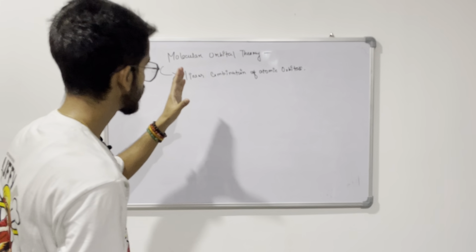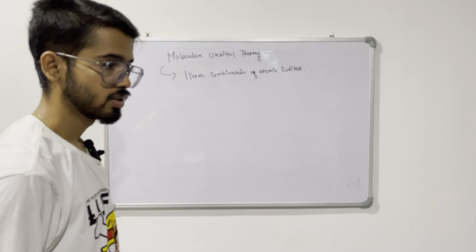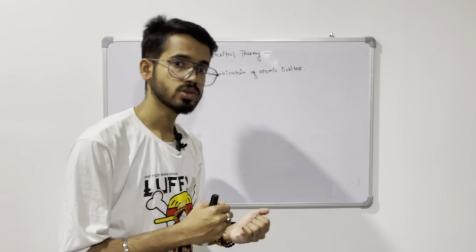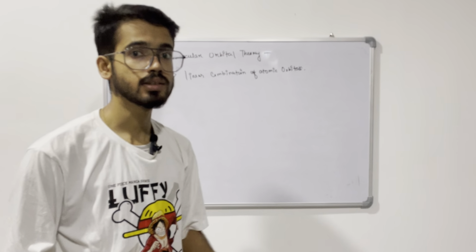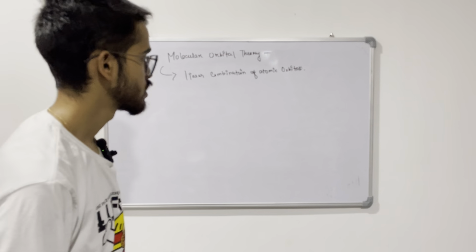The second thing is that molecular orbital theory is based on molecules, but hybridization first applies to a single element, and then to the molecule it forms.